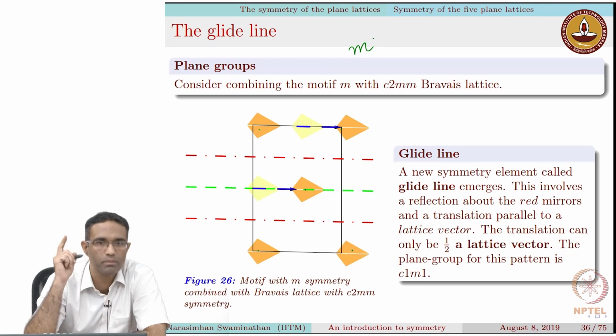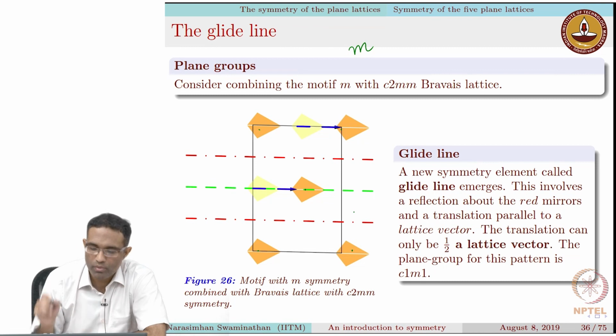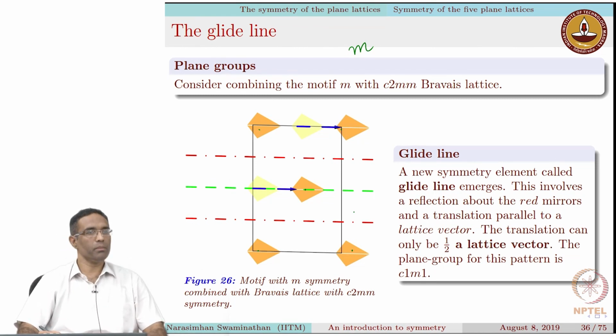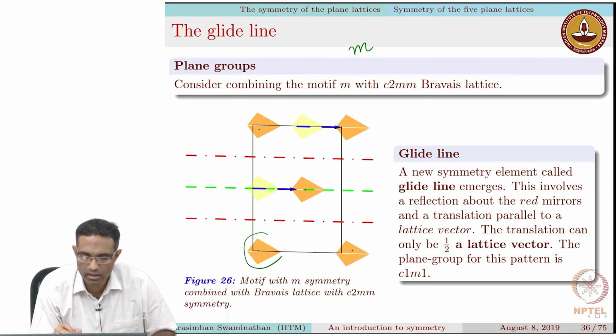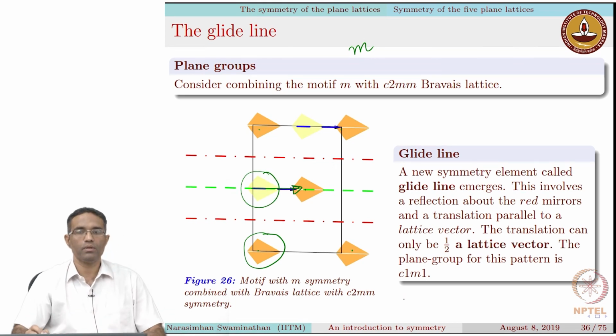That is one of the centered Bravais lattices, right? So what are the various symmetry elements you can actually identify? So you can identify a glide line here, which essentially involves reflecting this element about this mirror to get this, and then moving it 1/2 a lattice vector.